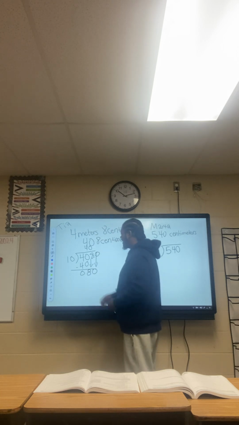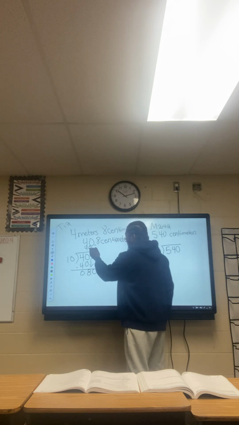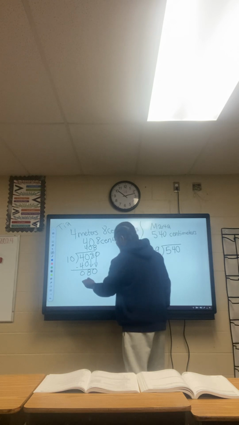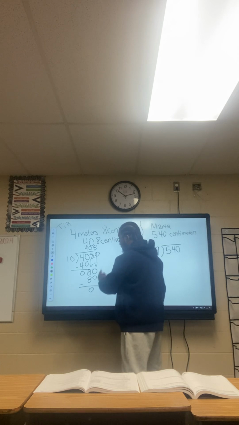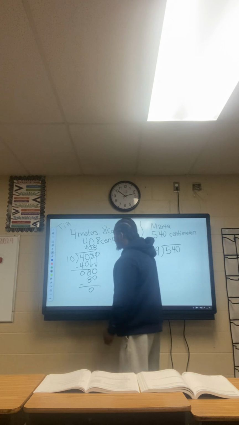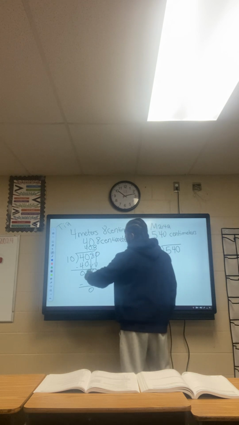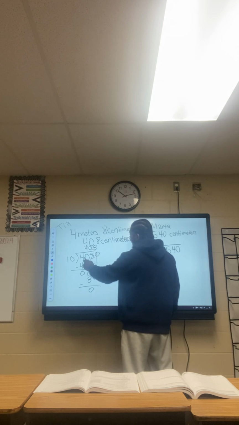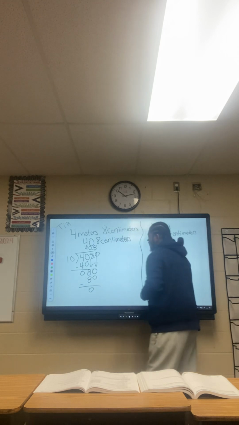So we get 8 times, 10 times 8 is 80, and we can subtract. All right, so we have 0 here. We have no more numbers that we have to add or bring down, and we have to make sure that we add our decimal up top. So we have our 408 centimeters divided into 10 pieces, and we get 40.8 centimeters apiece.